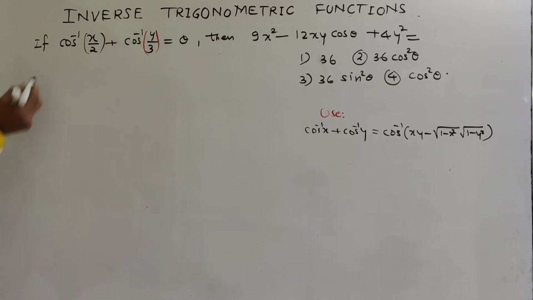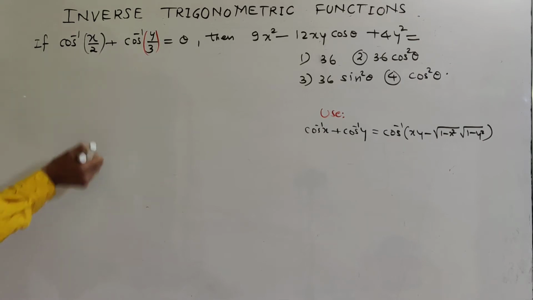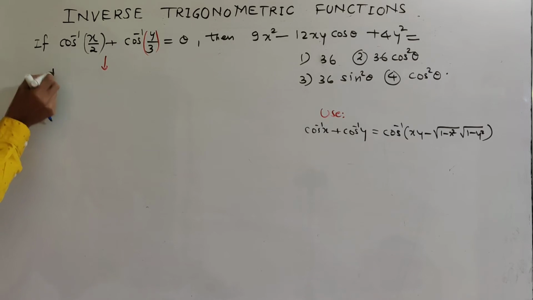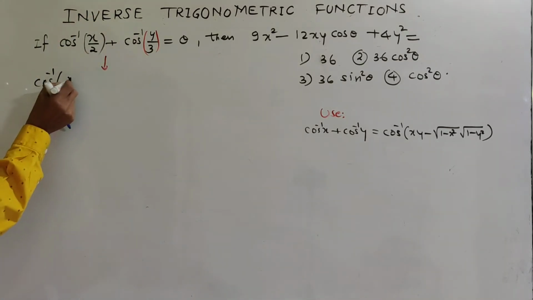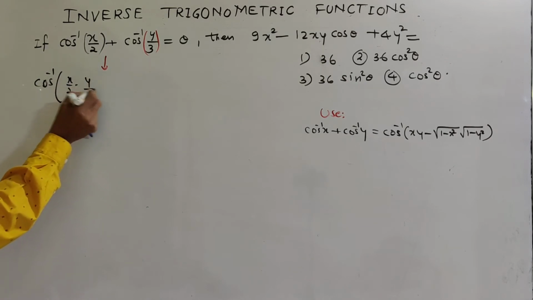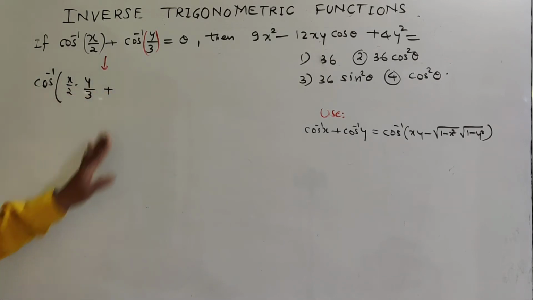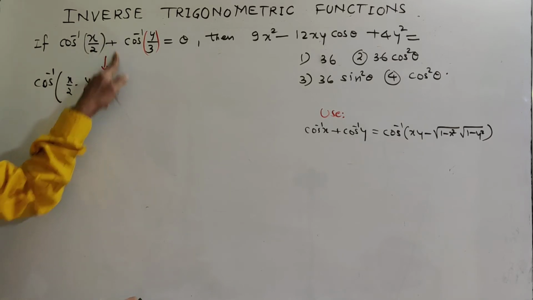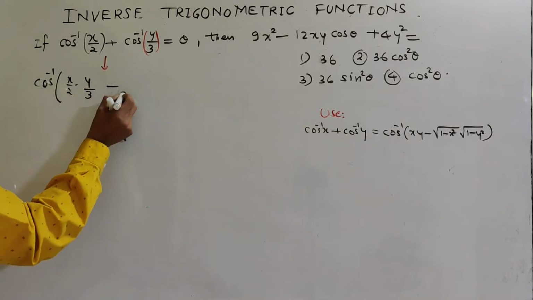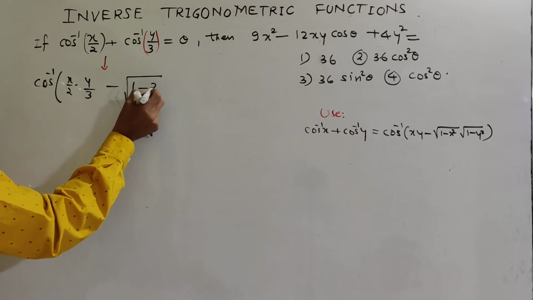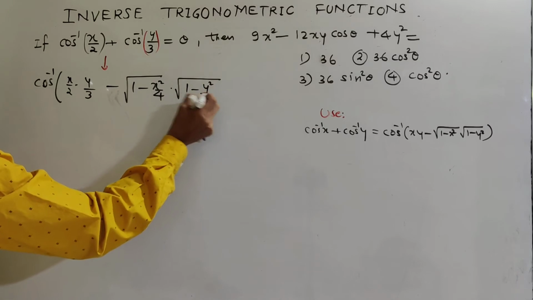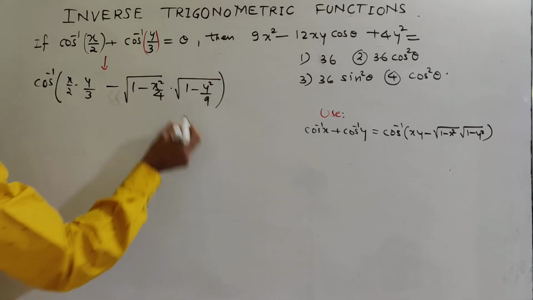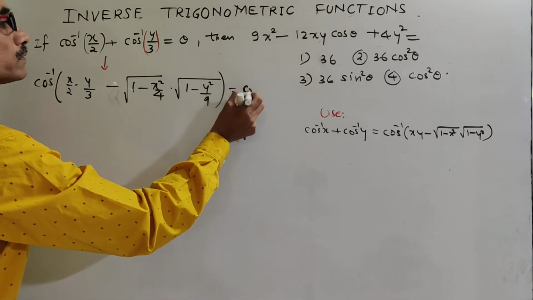So therefore we write here, the left hand side is equal to cos inverse of x into y. So x into y means x by 2 into y by 3, minus root of 1 minus x square upon 4 into root of 1 minus y square upon 9, and that is given, it is equal to theta.